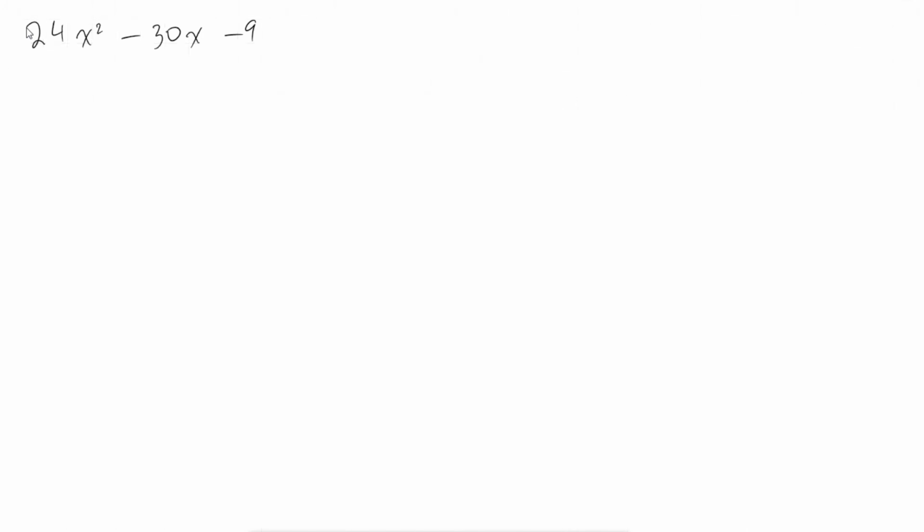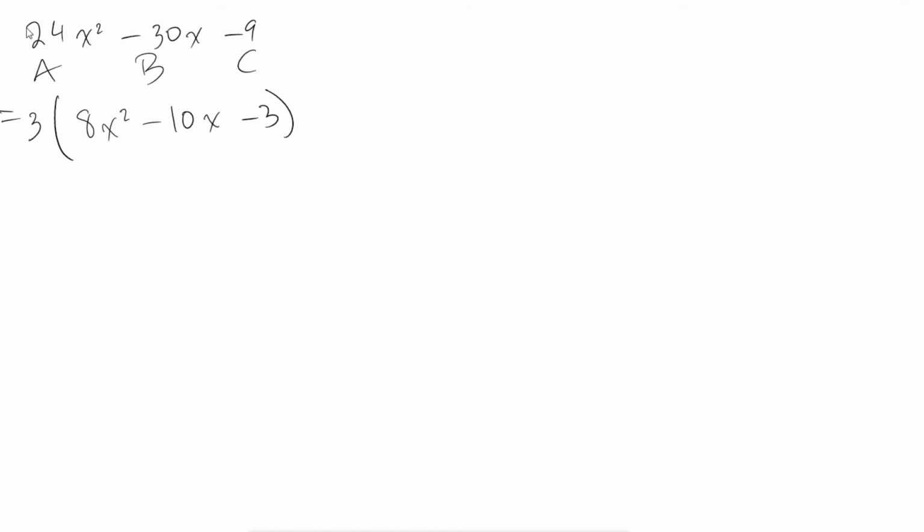But this one I definitely can, because I have 24x squared minus 30x minus 9. If you look at it, all of those constants, my a, my b, and my c, are all divisible by 3. So this is the same as 3 times 8x squared minus 10x minus 3.